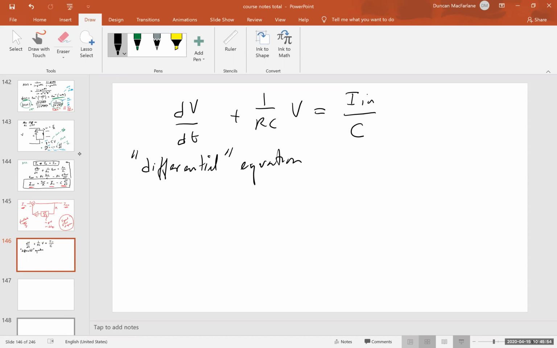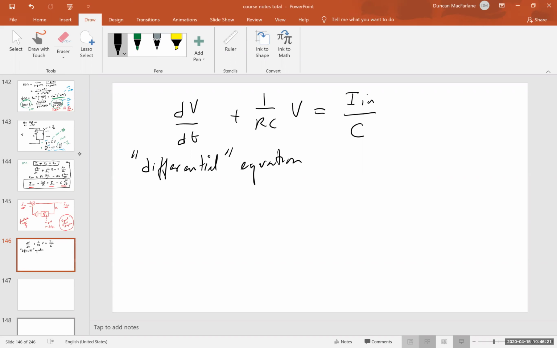So we might as well just call it what it is, which is a differential equation. And you're going to have plenty of time to practice across the next few years how to solve differential equations. And so really this is just towards the end of the semester. This allows me to kind of get you looking forward a little bit.